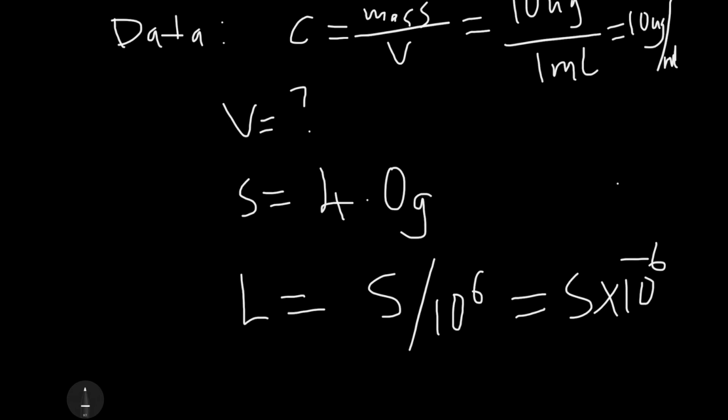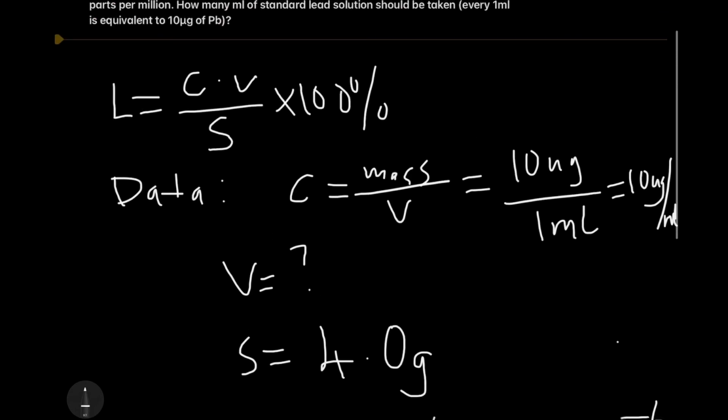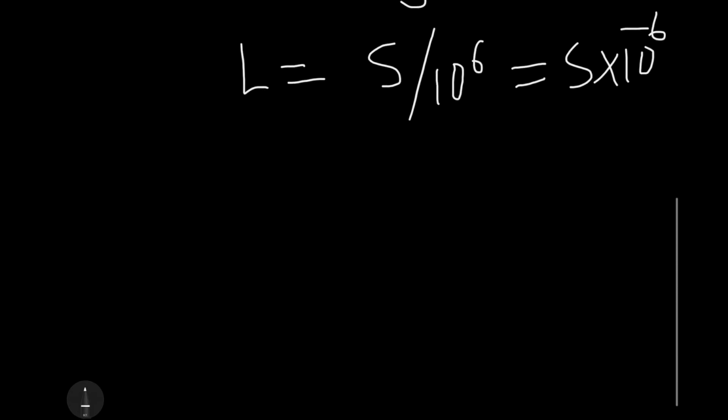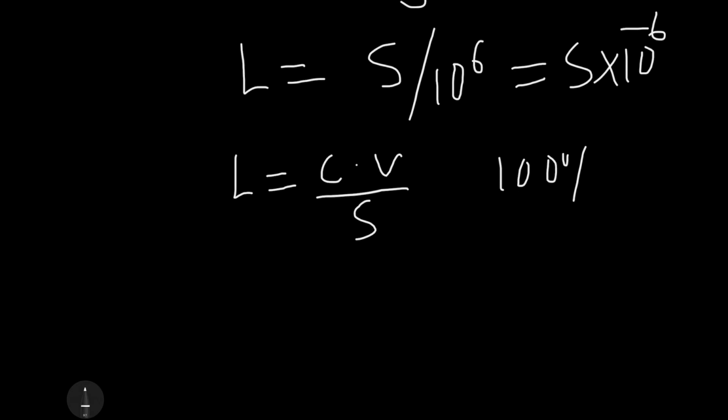So from our equation, we can simply make volume the subject of the formula, replace the values and calculate for V. So let's get into it. We know that limit is equal to concentration times volume over the amount of substance being tested, multiplied by 100%.